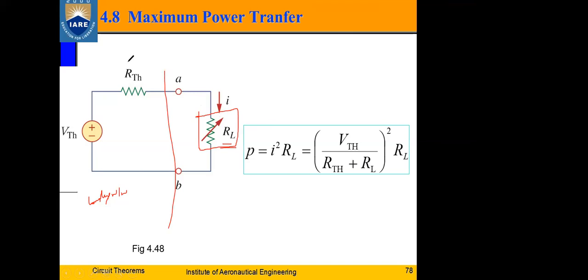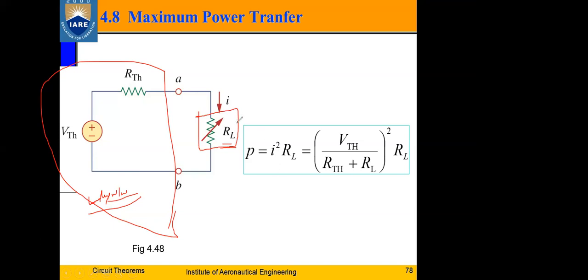Now, what should be the value of the equivalent circuit or this complex network to deliver more power at this RL? Does this resistance have an impact on the power delivered to RL? There will definitely be some impact of the circuit resistance on the amount of power delivered to RL. So when will that power be maximum?